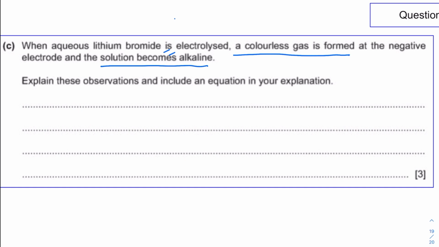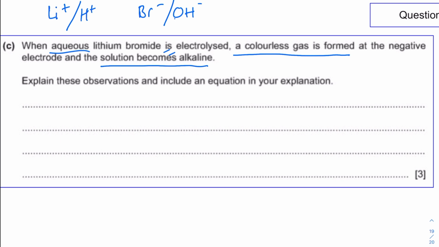So let's work out what we've got in our solution. We've got aqueous lithium bromide, so we've got the lithium and we've got the bromide, but we've also got H+ and OH-. Let's think about what's forming here. We have a battle royale between the H+ and the Li.